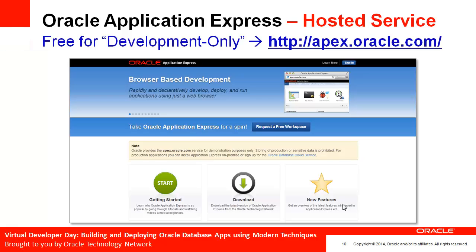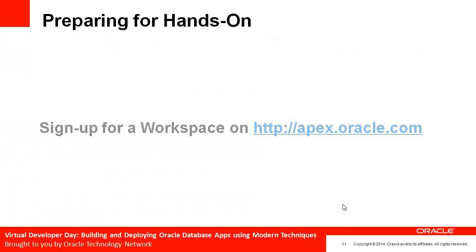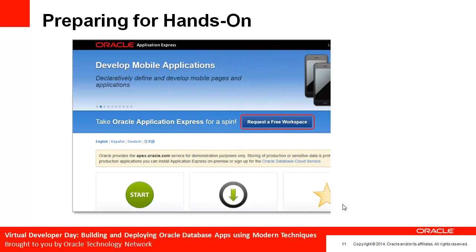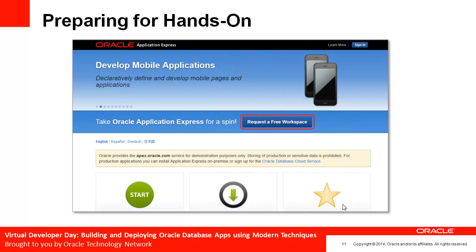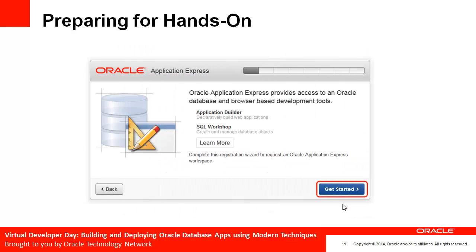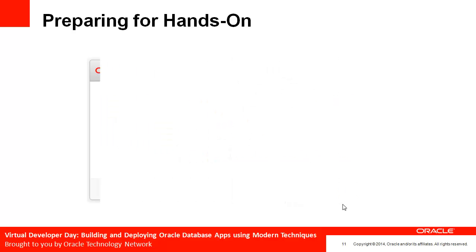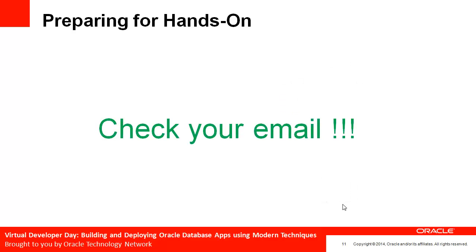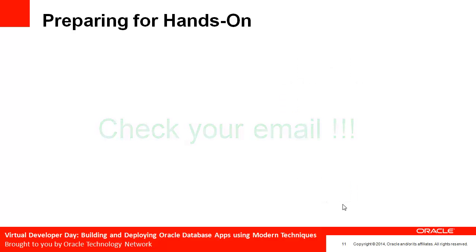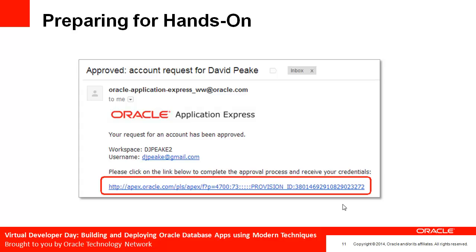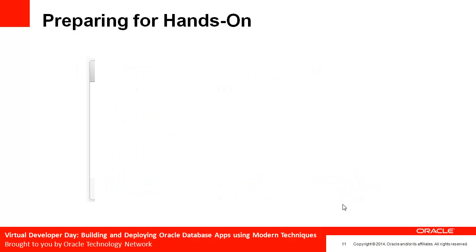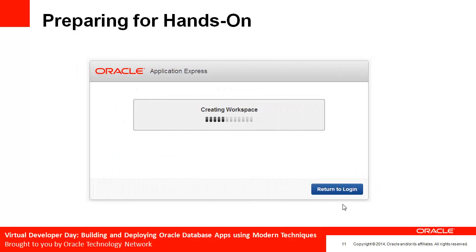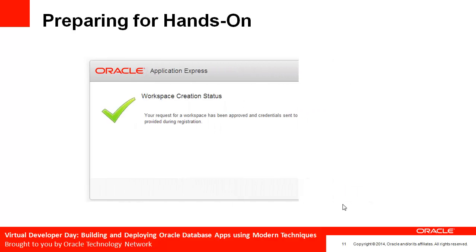We also have a free hosted development service. This is a great place for you to go and actually kick the tires. And in fact, what I'd like you to do is go on to apex.oracle.com, click on the request a free workspace. Then you'll need to fill out your details and answer a quick survey. Once you're finished with that, we'll send you an email, so you need to check your mail. Once you have that email, you need to click on the link, and that's when we'll actually create a workspace for you.